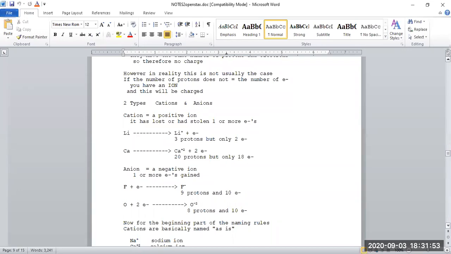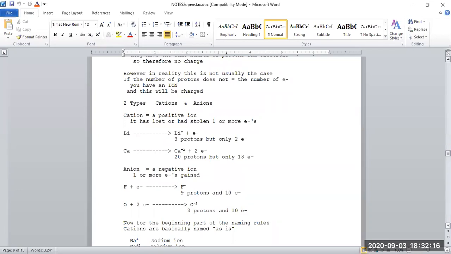Anions are the negative ones. They stole or gained one or more electrons from somebody else, probably. Fluorine starts out life with 9 protons and 9 electrons. But fluorine is an electron pig, okay?